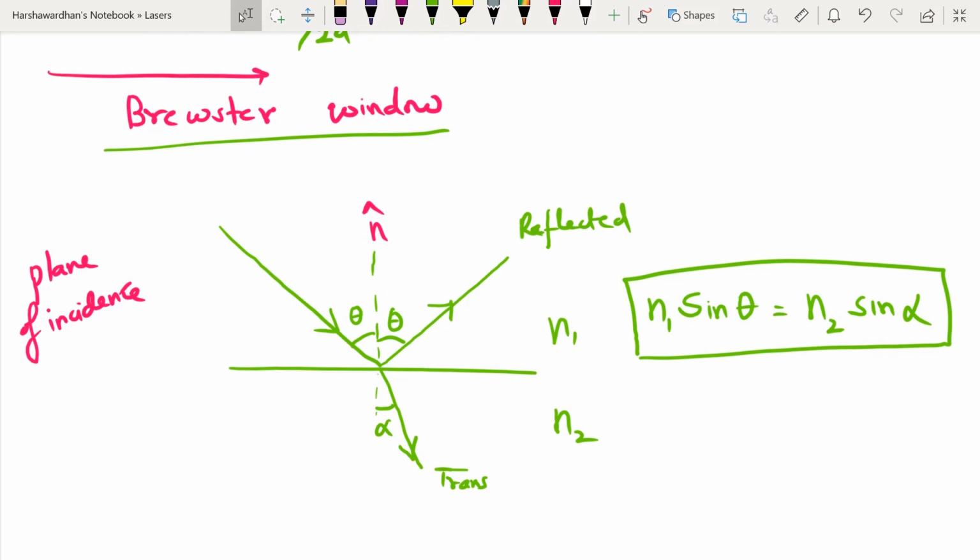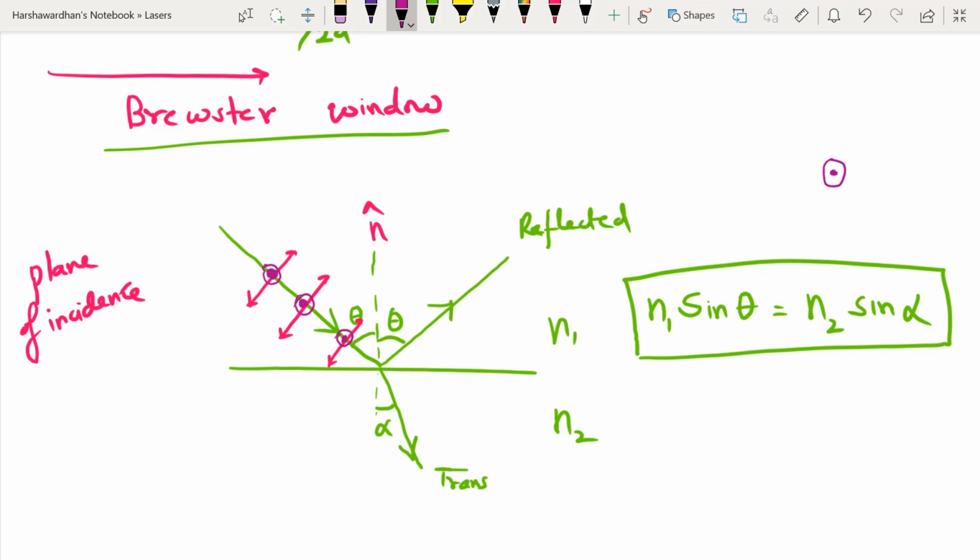One polarization is such that it is in the plane of incidence, and the second polarization is orthogonal to it, which is perpendicular. So I'm drawing these dots, which tell me that the polarization is perpendicular to the plane of incidence.